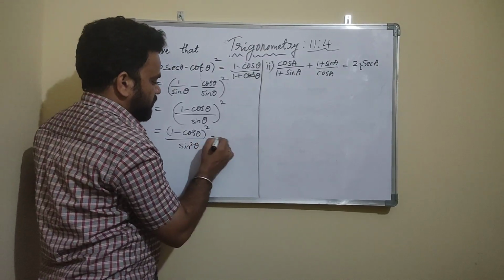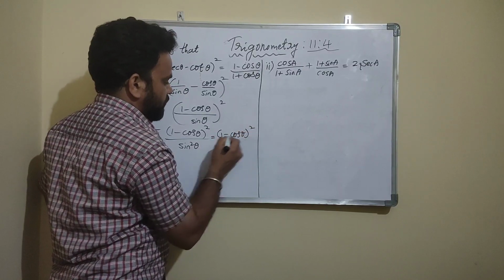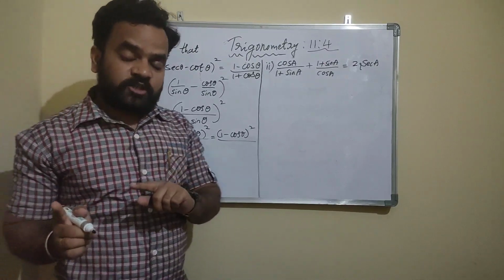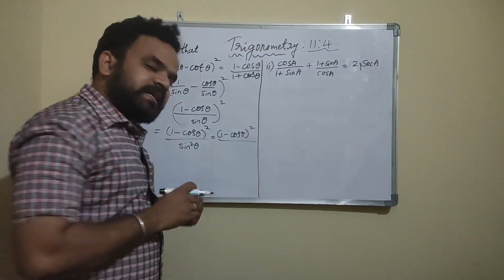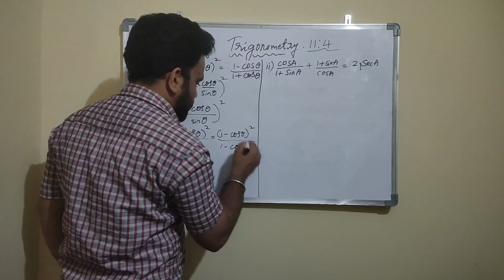So in the last class in identities we already did that (1 minus cos theta) whole square divided by sine square theta can be written as, first identity is sine square theta plus cos square theta is equals to 1. By using this identity what we can write, sine square theta is equals to 1 minus cos square theta.